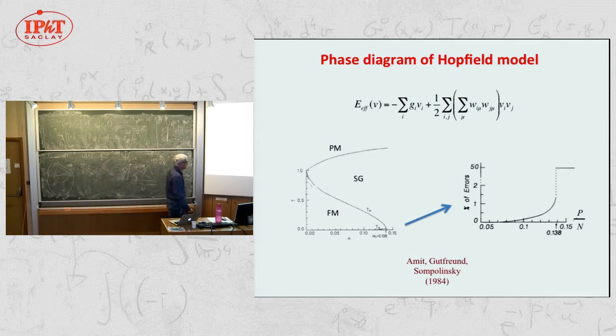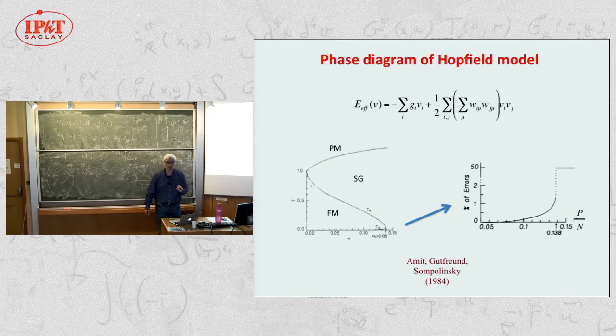And whether this is possible or not depends on alpha. And here what you see is the fraction of the bits at the end, at a long time when you reach a fixed point, of the bits of the fixed point which are different from their values in the pattern. And you see this fraction is very small as you increase alpha. And then when you reach alpha very close to 0.14, it jumps from, let's say, 1.5% to 50% when alpha crosses a critical value.